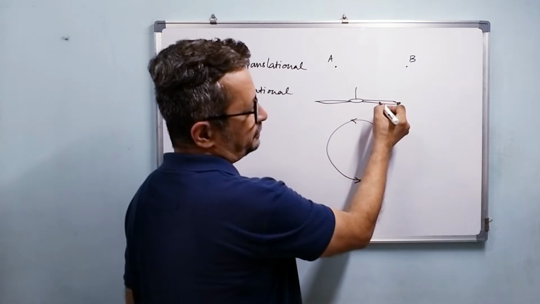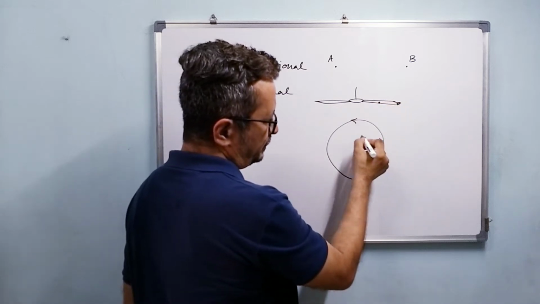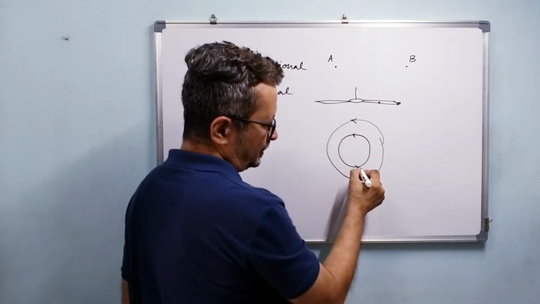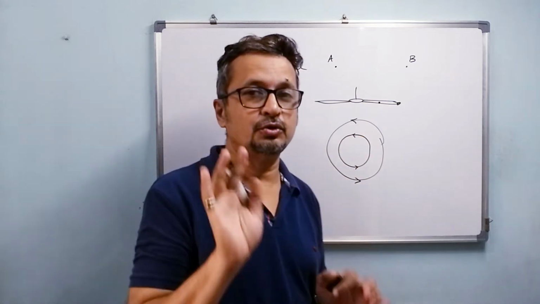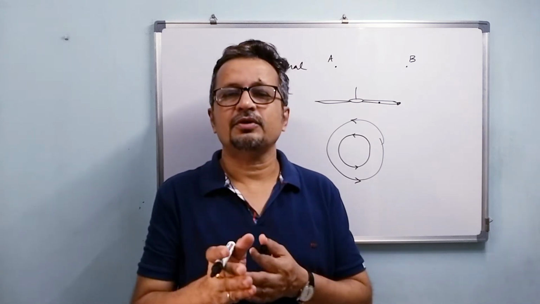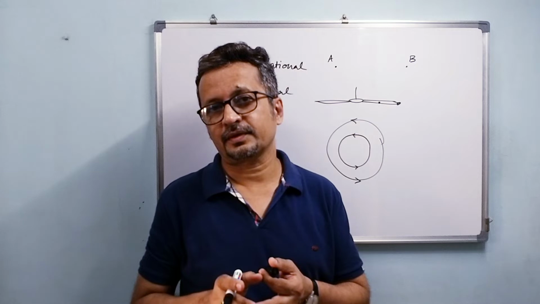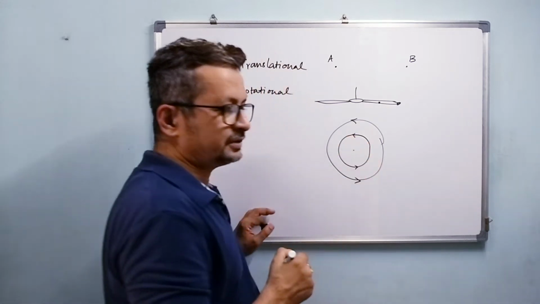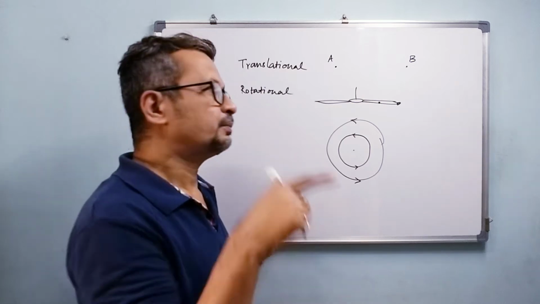Then the midpoint of the blade would move something like that. Correct. So here the fan as a whole is not moving, but the points on the blade are moving, and they are moving about a fixed point here, the center.